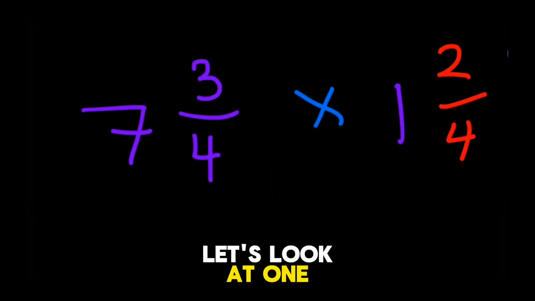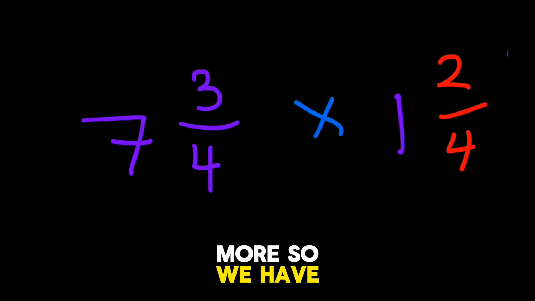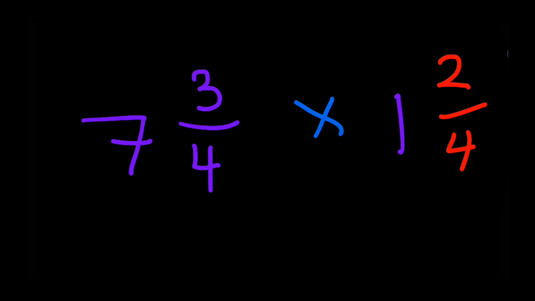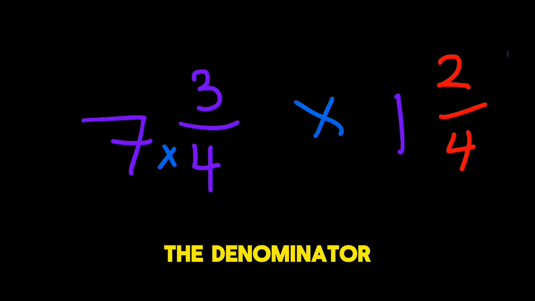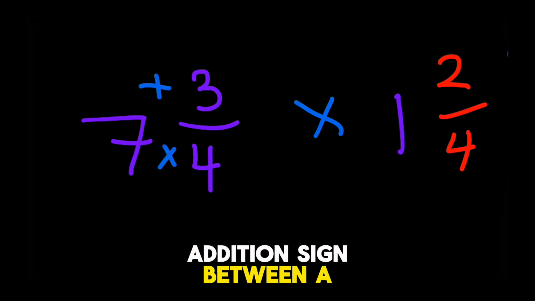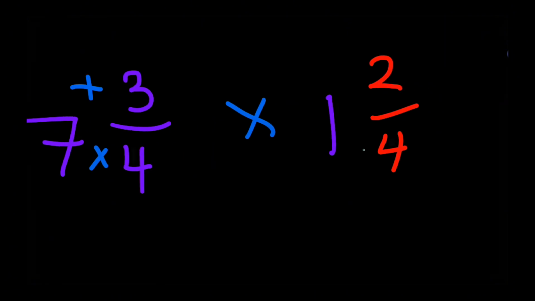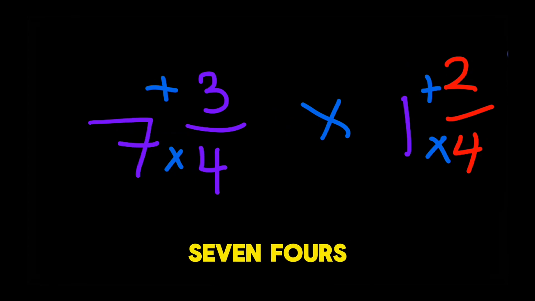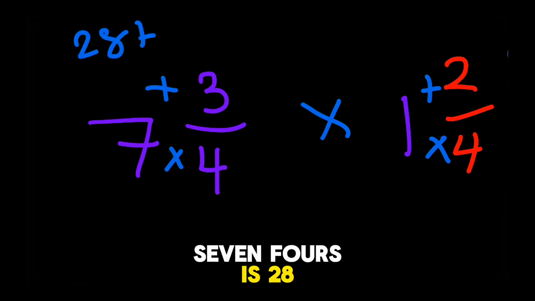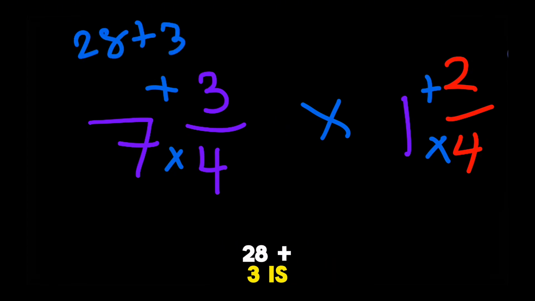Let's look at one more. So we have 7 3 over 4, multiplied by 1 2 over 4. Let's put our multiplication sign between the denominator and the whole number, and an addition sign between the whole number and the numerator. Same thing for the fraction on the right. 7 fours is 28. 28 plus 3 is 31.